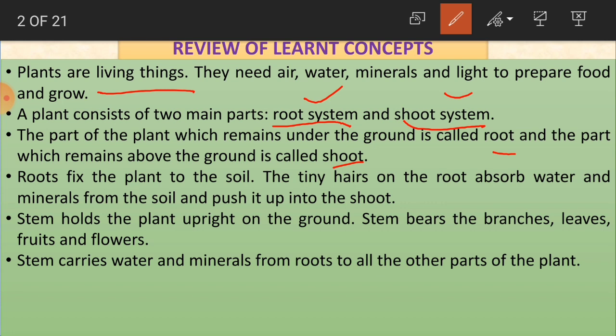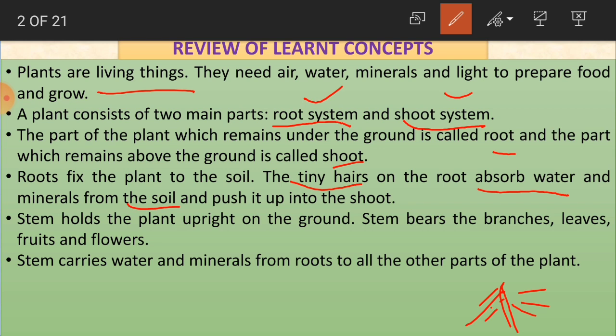Do you remember the picture of the root, children? It is inside the ground. It has so many tiny hairs, very small hairs. What do these hairs do? They are going to absorb the water and the minerals in the water from the soil.